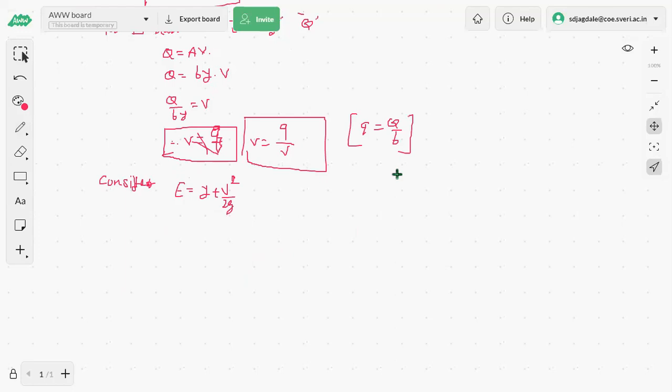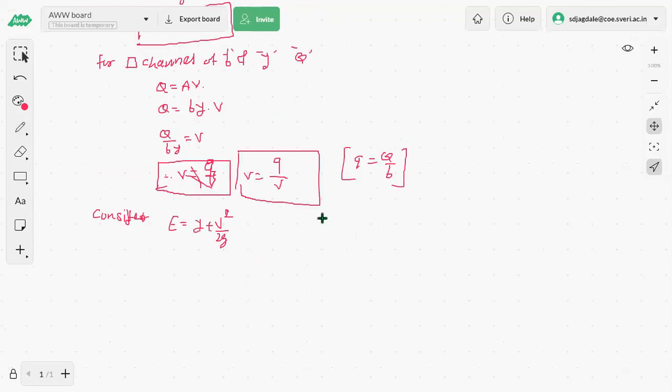Sorry, I had written something wrong here. The correct value is v equals q by small y, whereas small q is equal to Q by b, that is the discharge per unit width we can say.